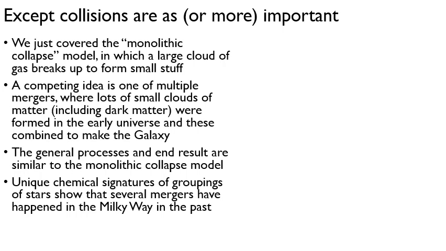Now, we do know that there have been collisions with our galaxy. So what we can do is look at stars out in the galaxy, and you'll see groupings that have different sort of chemical signatures. And by that I mean they'll have maybe a lot of metals compared to other stars, or maybe not a lot of metals. Remember that a metal is any element heavier than hydrogen for astronomy purposes.